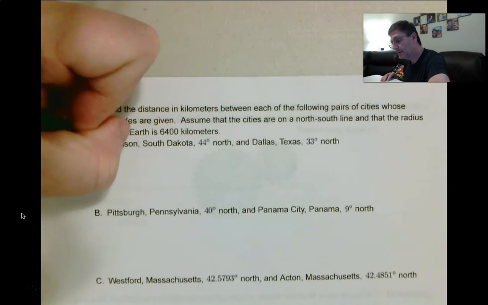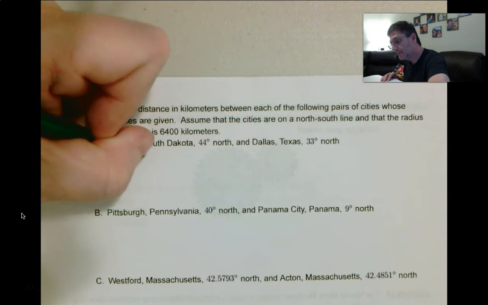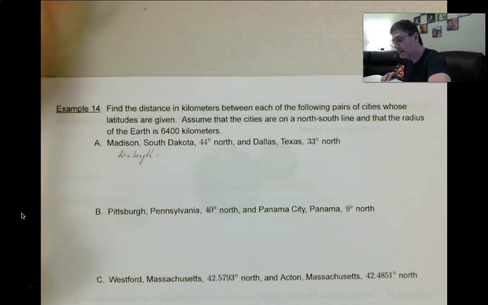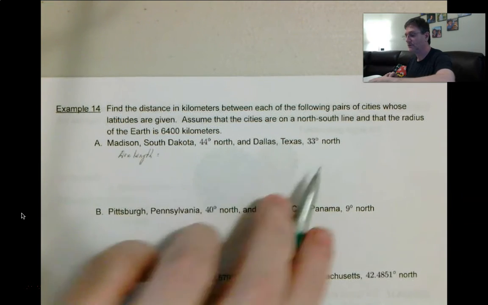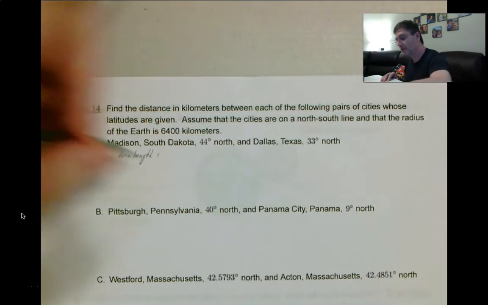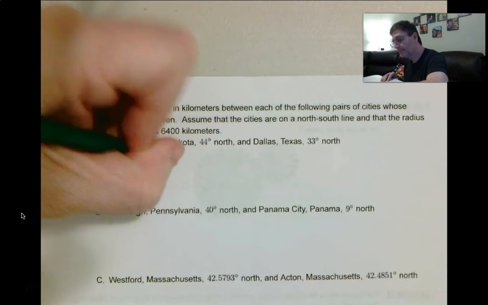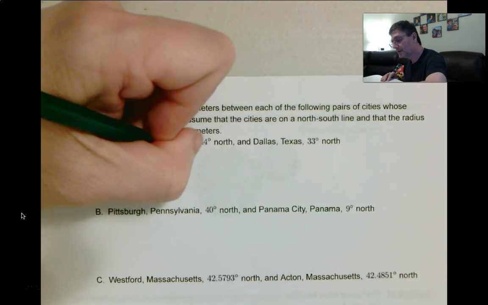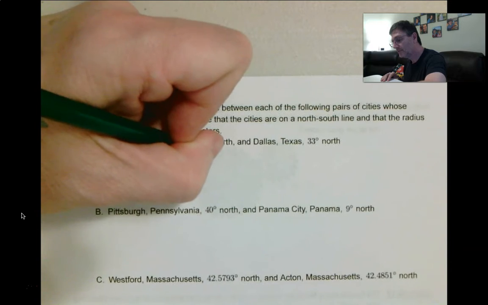So the difference between them, arc length, is what we're finding each time, equals arc measure, which in this case is 44 degrees north, 33 degrees north, so 11 over 360 times 2 pi times 6,400.